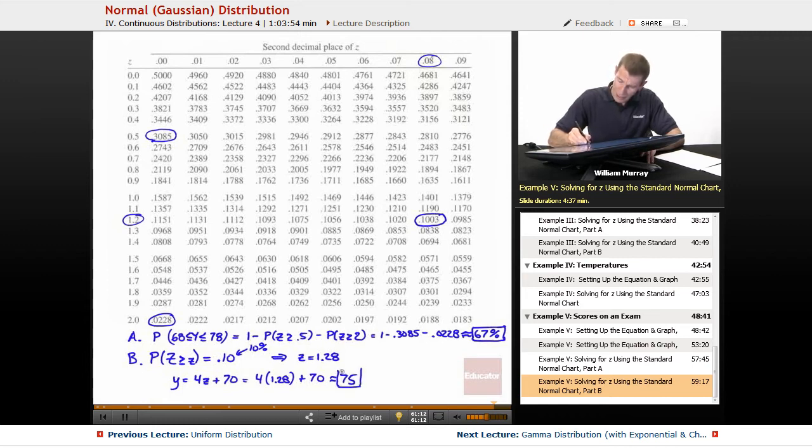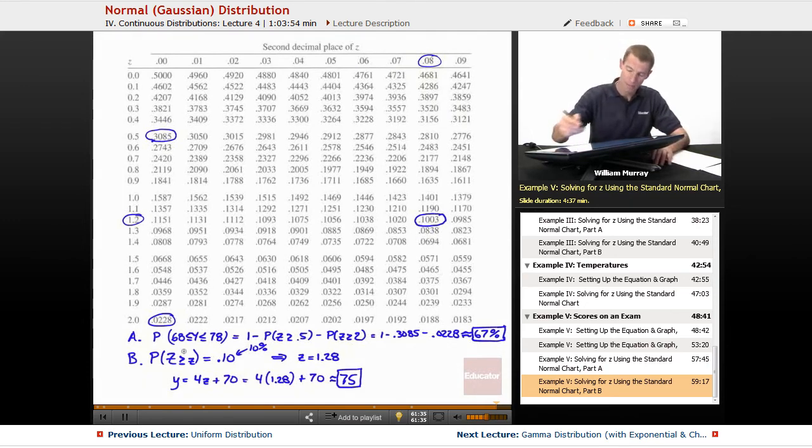What that means is that if you score above 75 on this exam, then you will be in the top 10% of students. If you take that y value and convert it into a z-score, you get a z-score of 1.28, which corresponds to a probability of 0.10.